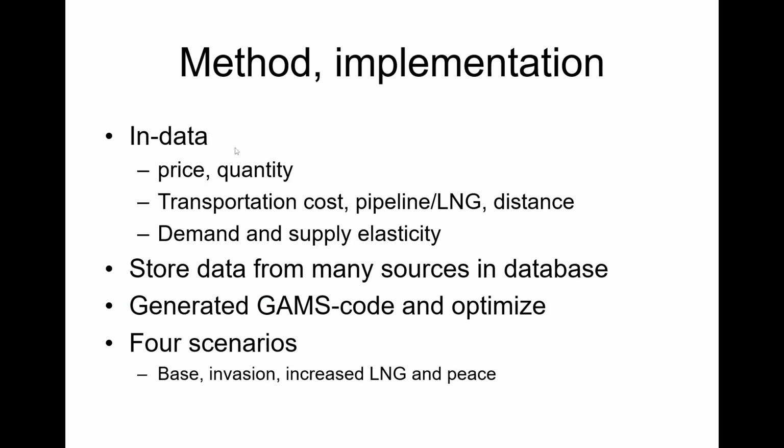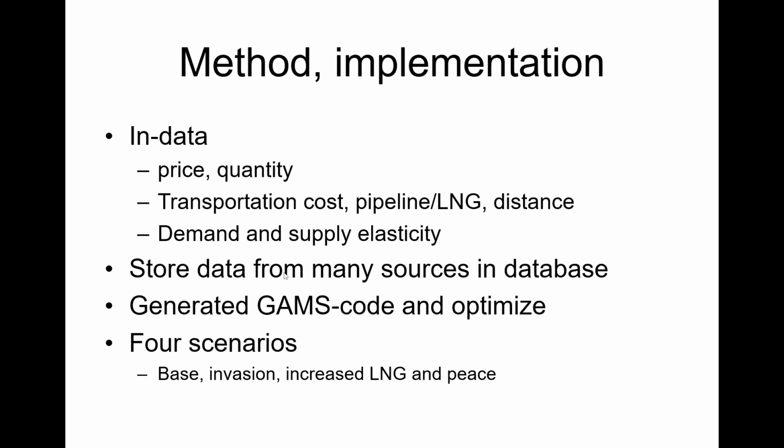The input data for the model is prices and quantity of gas, transportation costs, whether pipeline or LNG is used as the transportation method, and the distance for transport. Also the demand and supply elasticity is needed.